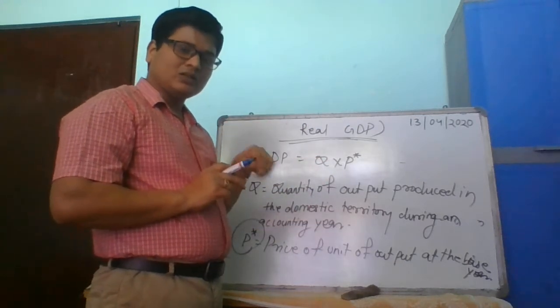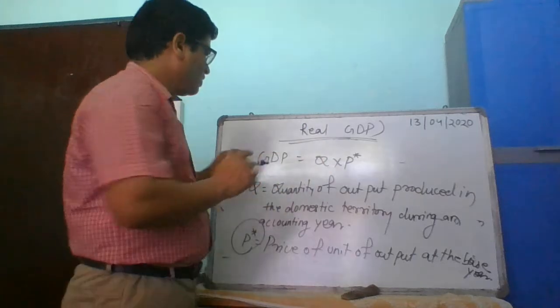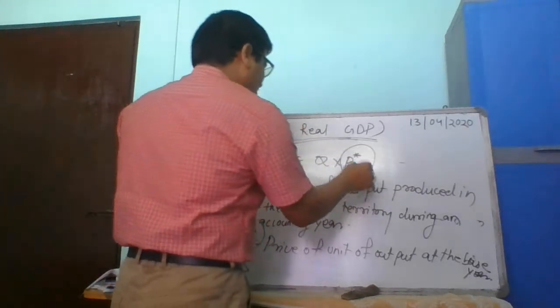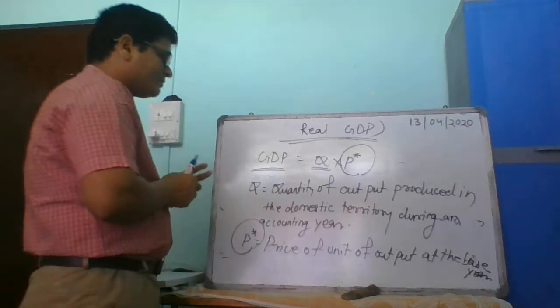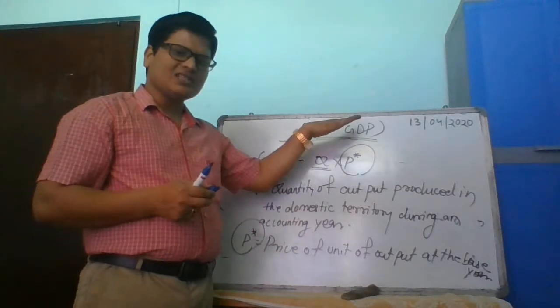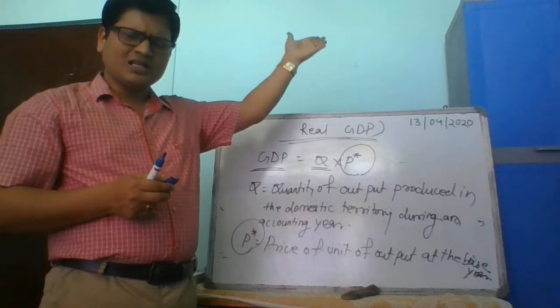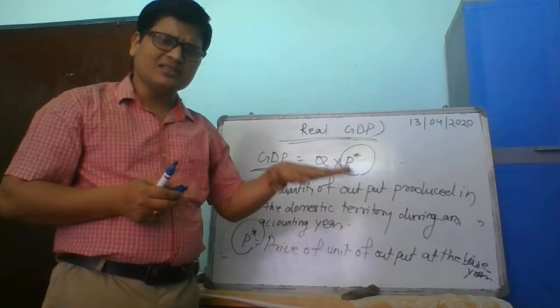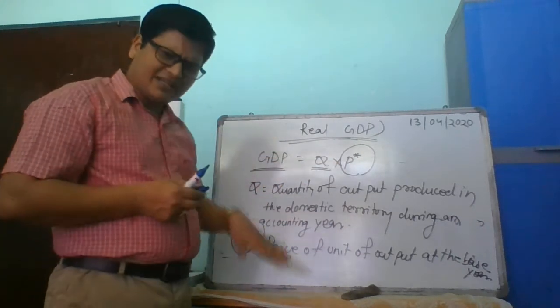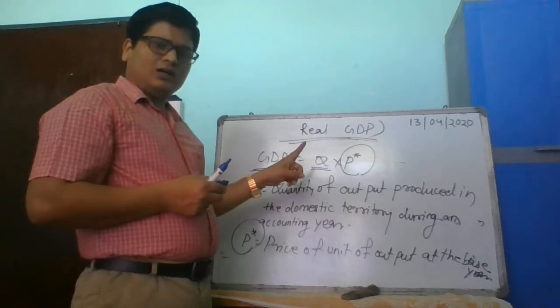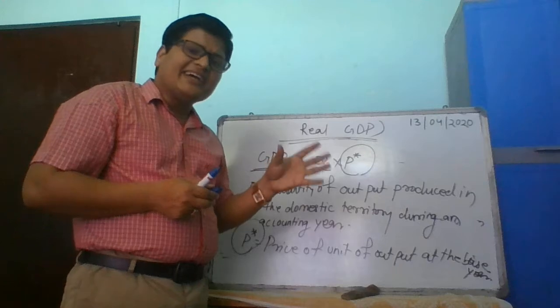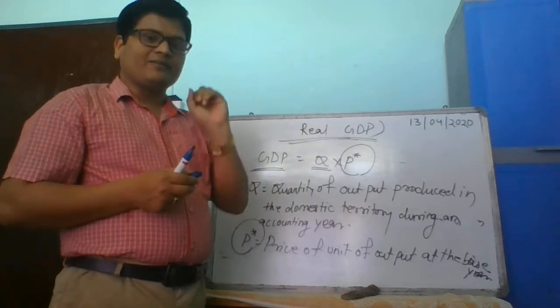But the current quantity. If P is constant, Q is directly proportional to GDP. If quantity increases, GDP increases. If quantity decreases, then real GDP decreases. So this is a good indicator of welfare.